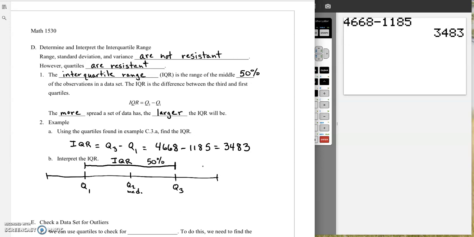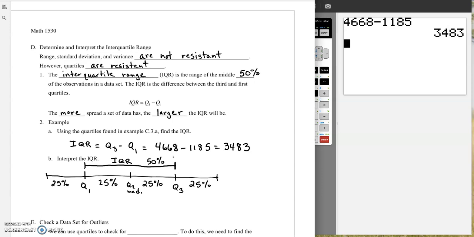And we know that's 50% because the quartiles divide everything into 25%, and we're going across two quartiles, so we add 25 to 25 and we get 50%.